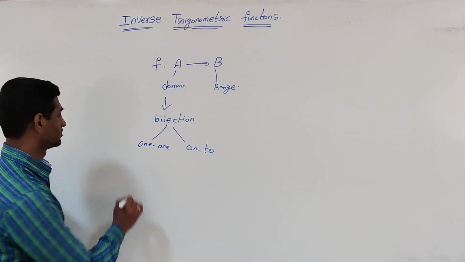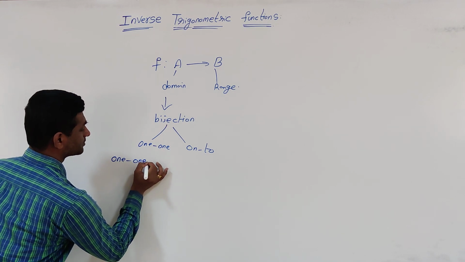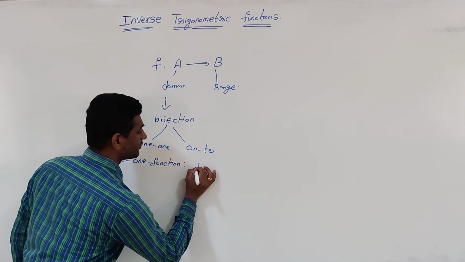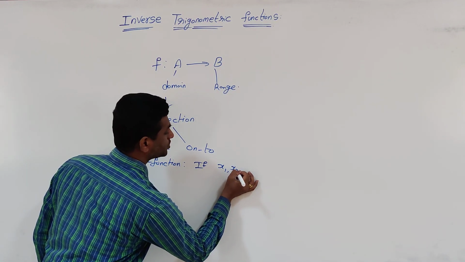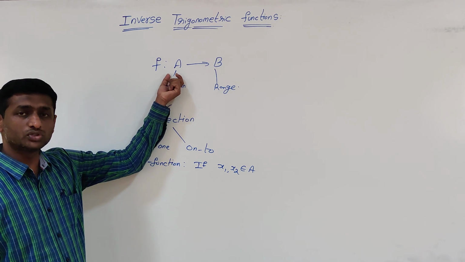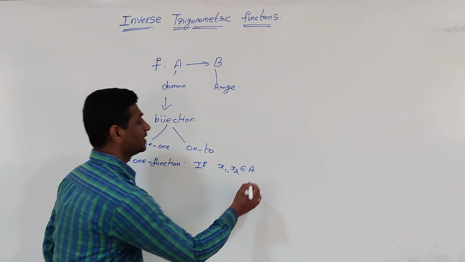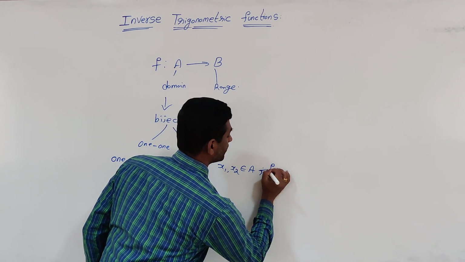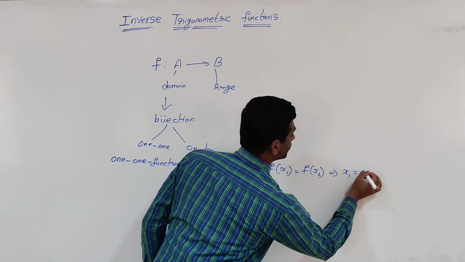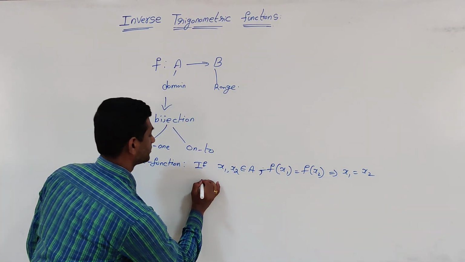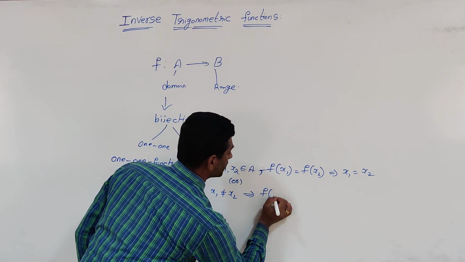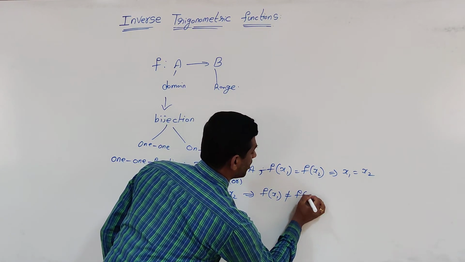What is one-one? If x1, x2 belong to A, that is, if we take two different inputs from the domain, and if f of x1 is equal to f of x2 implies x1 is equal to x2, or if x1 is not equal to x2 implies f of x1 is not equal to f of x2.